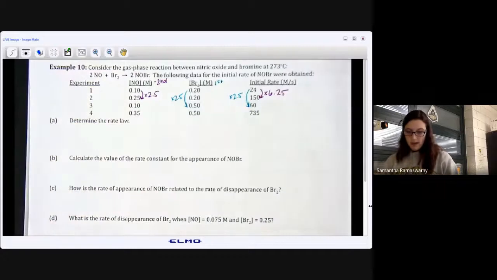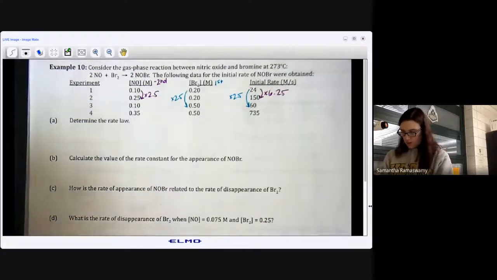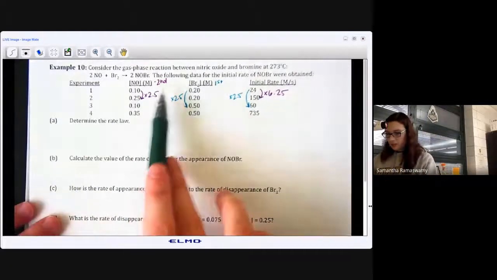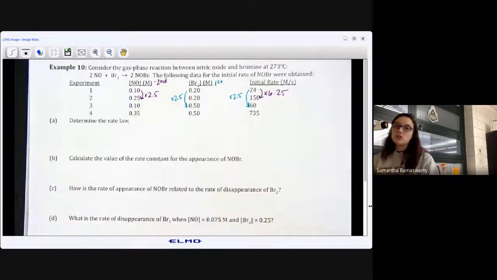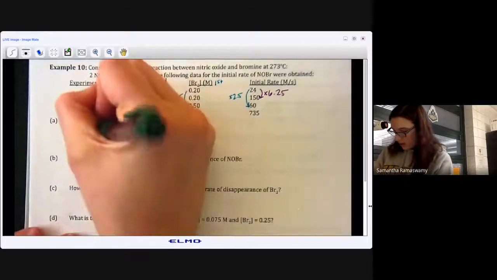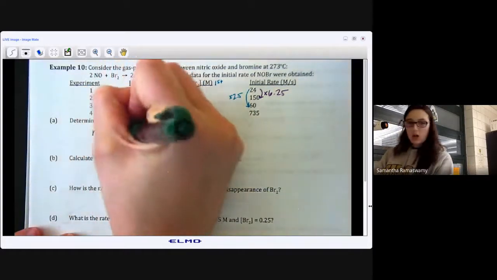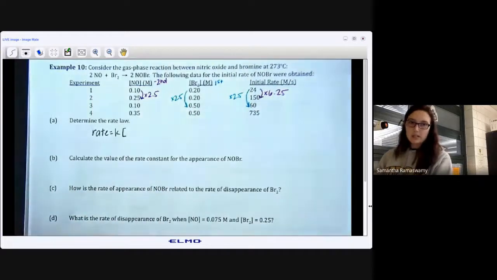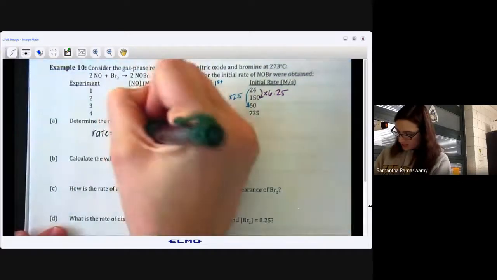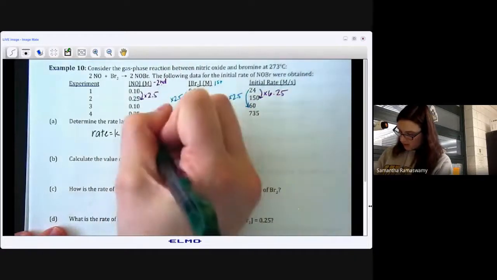So for part A, determine the rate law. I'm going to use this information that we just determined. Notice how we had to use the data to determine the order. You cannot use the balanced equation. You have to use the data. So rate law is rate equals K times the concentration of your reactants. One of my reactants is NO, and we determined that NO is second order.